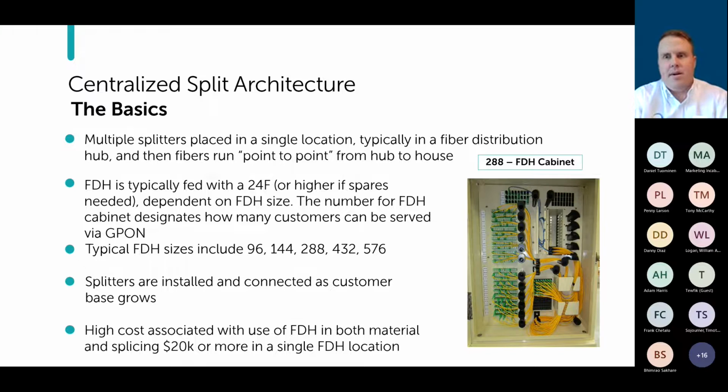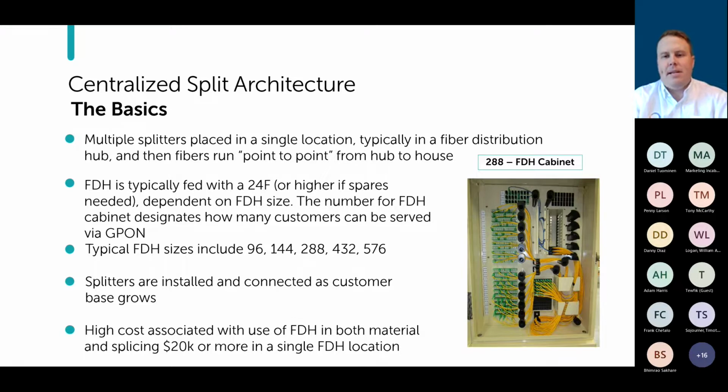So that one fiber feeds that one splitter, and if you're looking at the picture on the bottom left, the yellow tails come out of the splitter, and you can plug any one of your 32 tails into any of the 288 houses that this cabinet can feed.